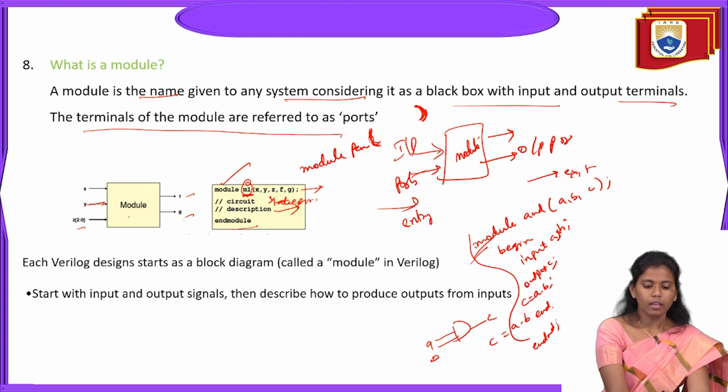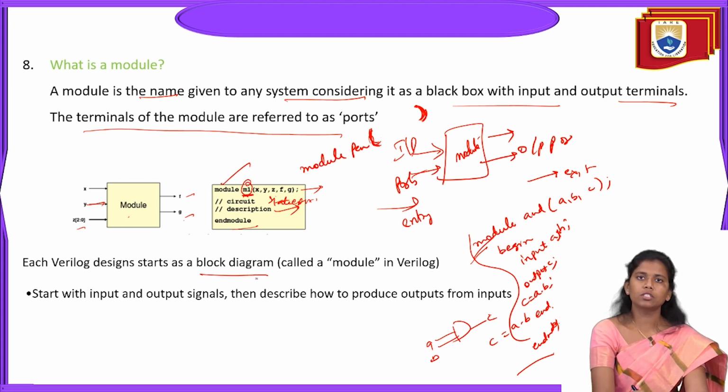Each Verilog design starts as a block diagram called a module in Verilog. So in Verilog, if you are designing something, basically this is a pen, right? Before it forms into a pen, I have to clearly mention that in terms of a module, in terms of a square box, where I'm giving what are the inputs and what are the outputs.